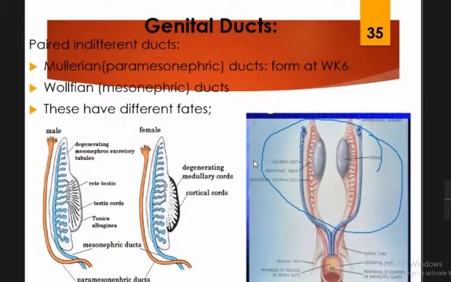That we have the Müllerian duct to the Wolffian duct, and then we have an indifferent gonad.